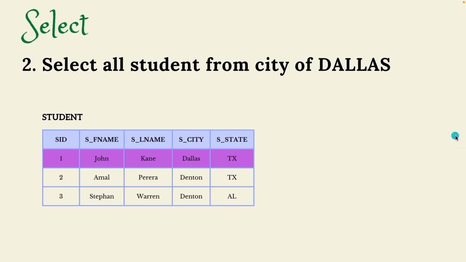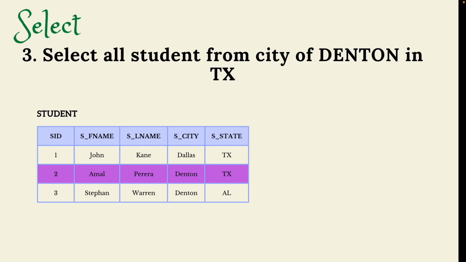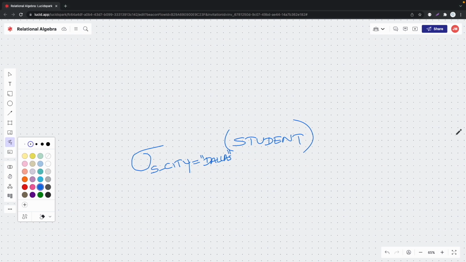Okay, now let's make it a little bit advanced. Now instead of one condition, you specify two conditions, that the student must be from Denton and also must be from Texas. There are two Dentons here, but the state is not matching, so we have only one such record. So let's see how we are going to modify this one.